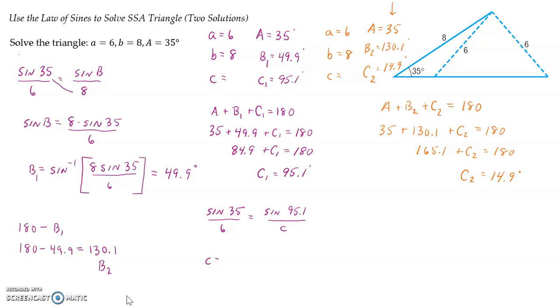So C in this case, once we cross multiply here, we've got 6 times sine of 95.1 divided by sine of 35. And let's go ahead out to 2 decimal places. And this is going to give us a side length of 10.42.